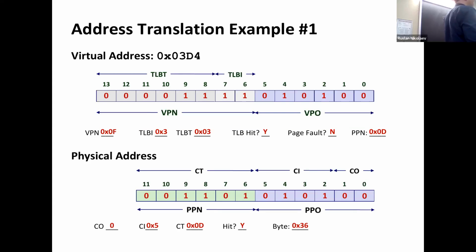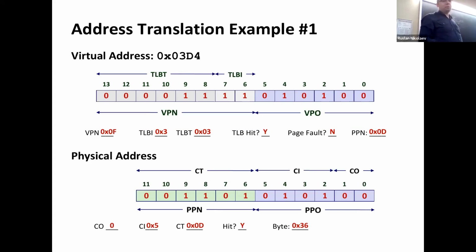Let's say we retrieve the page number stored in the TLB, 0D, as an example. It can be any number for the purpose of this example, whatever the corresponding mapping was. So let's say we had 0D for the physical page number.